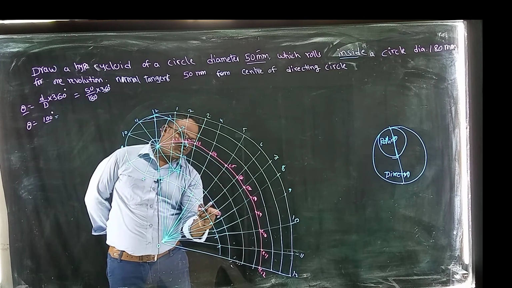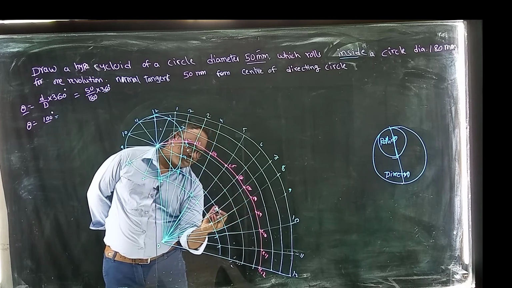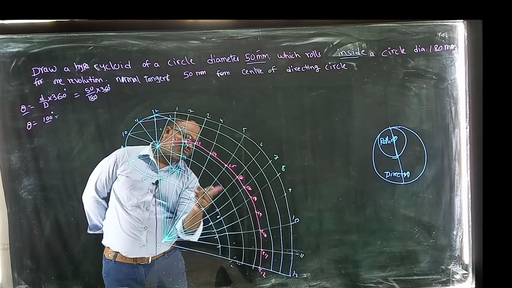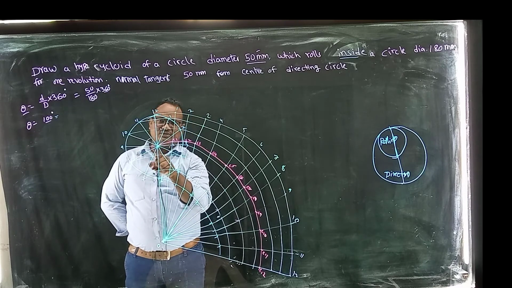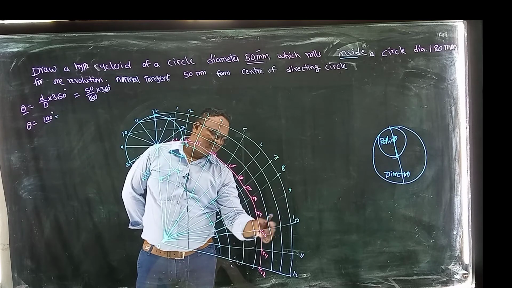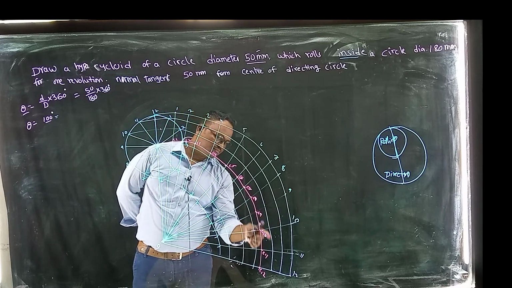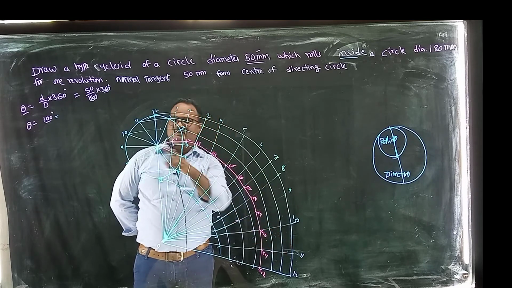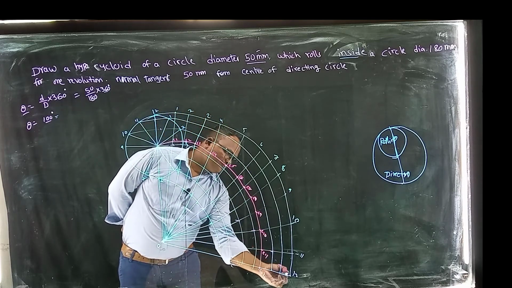You will get a point like this. C8, so 8 and 4, somewhere here. Next C9, the 9 and 3 line. Coming to C10, that is the 2 and 10 line. Coming to C11, that is the 1 and 11 line here. And finally this is C12.